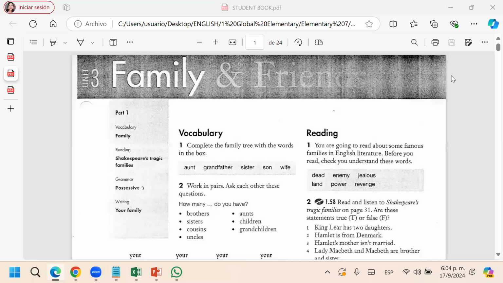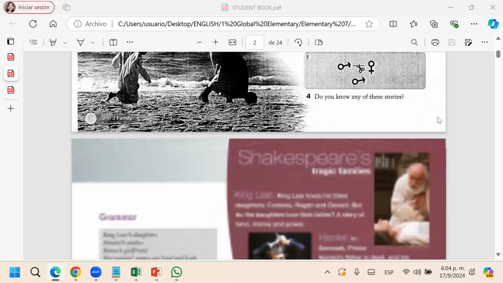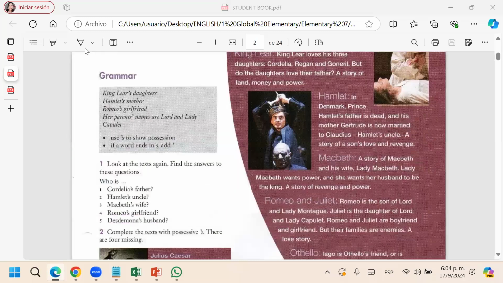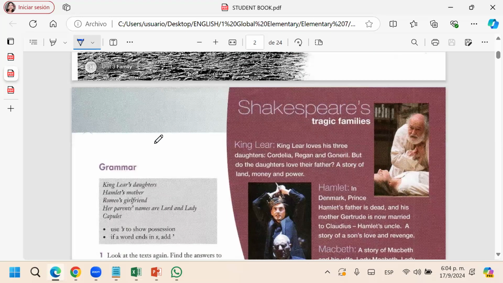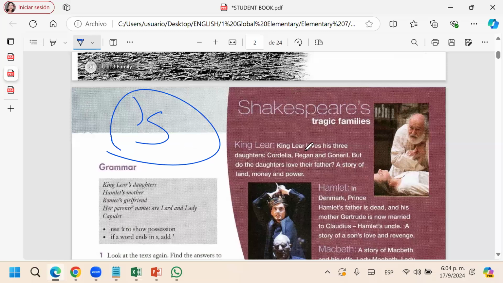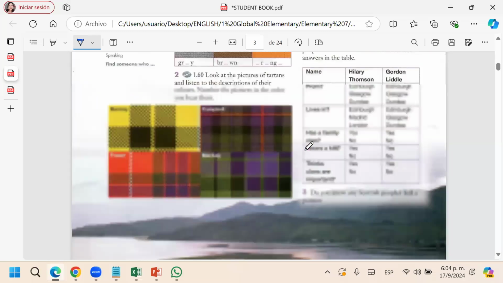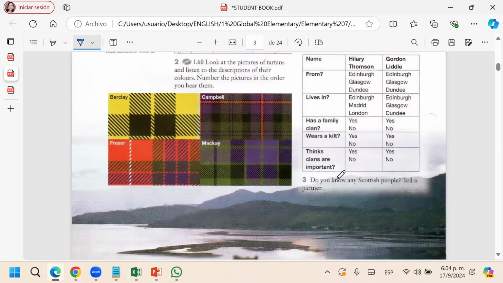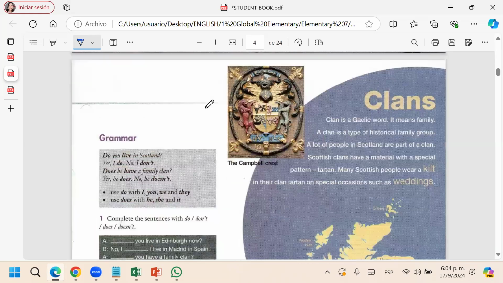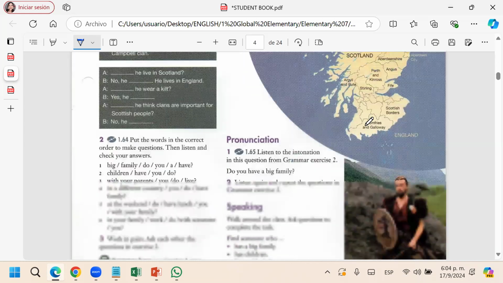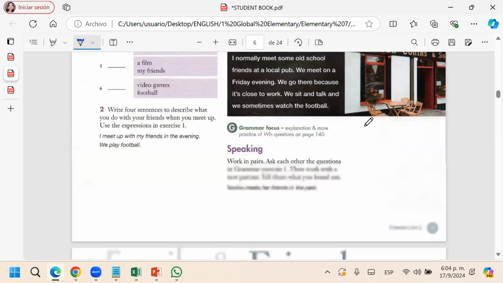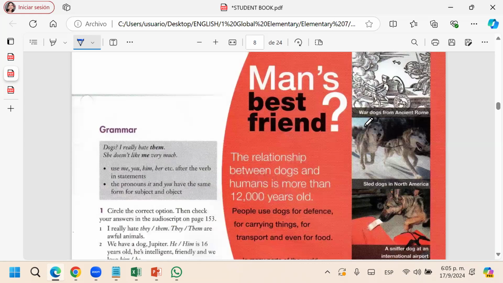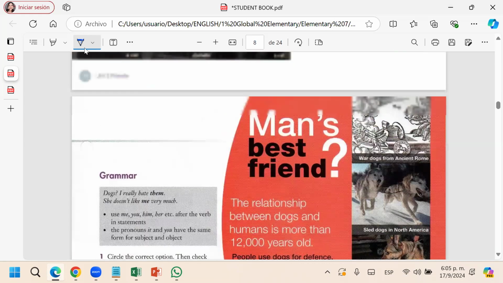Well, in this level, we are going to be talking about different things: the apostrophe S for possession. We're going to be using the negative auxiliaries, don't and doesn't. We're going to be talking about the object pronouns.